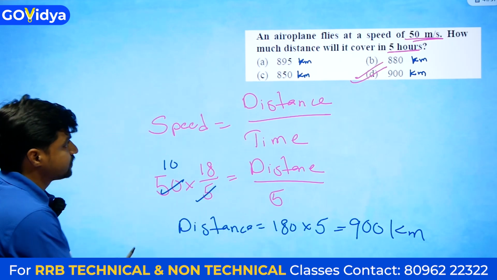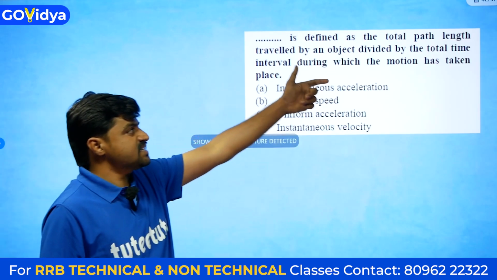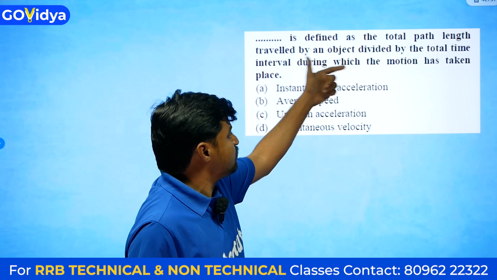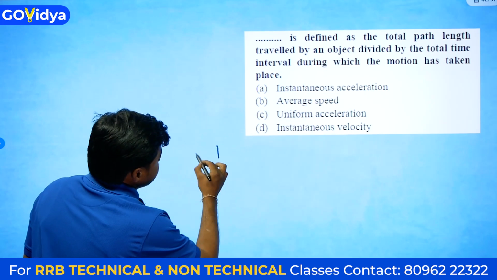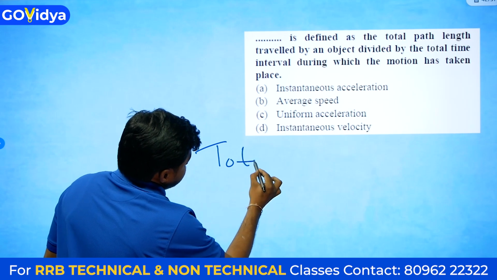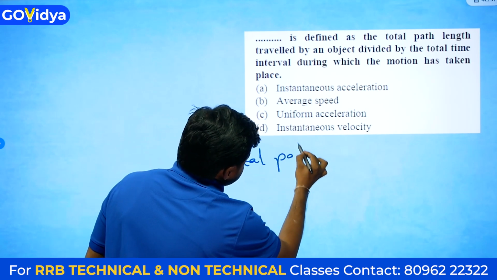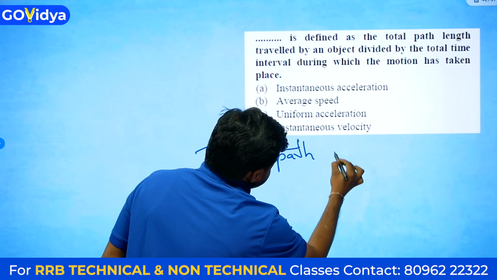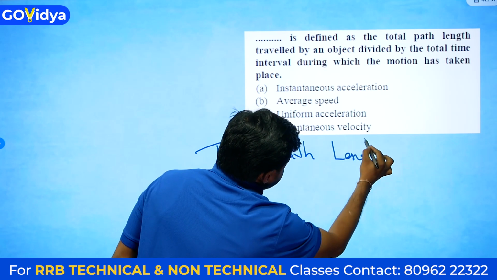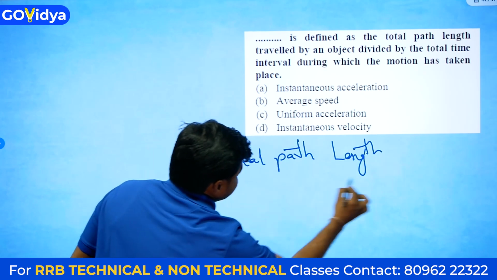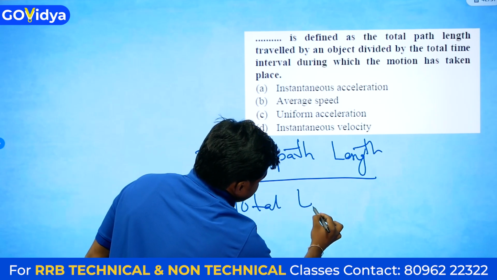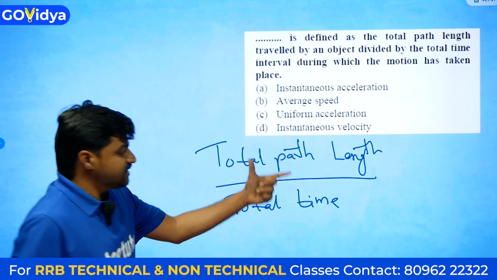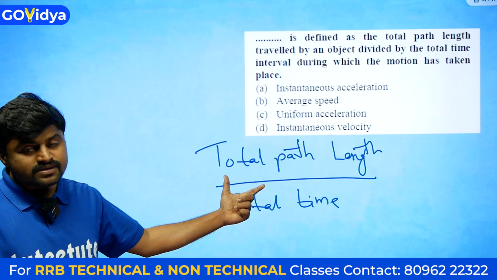Next question. Speed is defined as total path length traveled by the object divided by total time. Total path length traveled by total time is equal to speed.